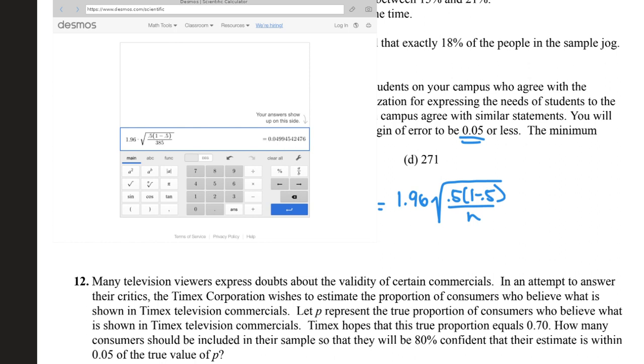Yeah, that looks to be the correct answer. That gives me about 0.05 when rounded, but let's plug in 271 just to be sure. So that's just over 0.05. So in that case, it's going to be the 385.